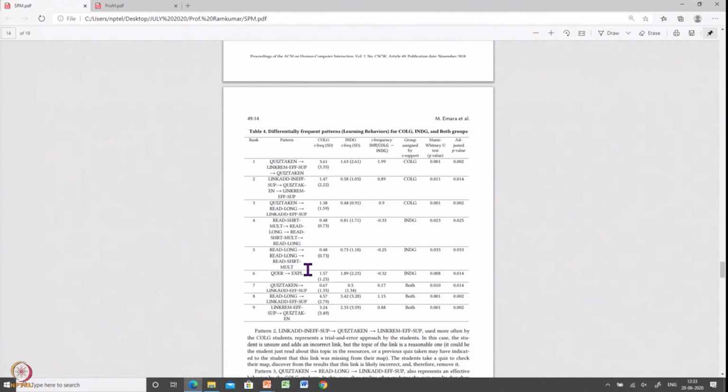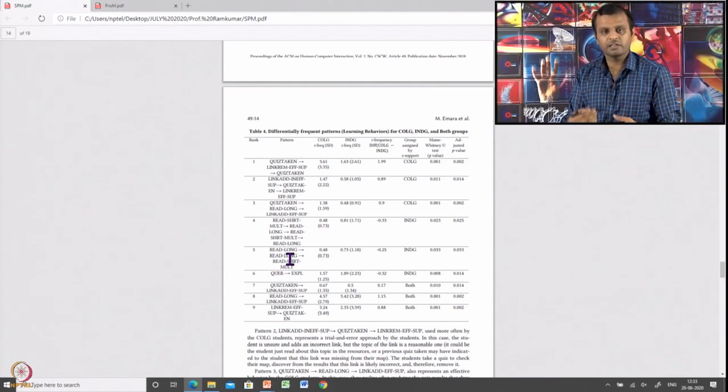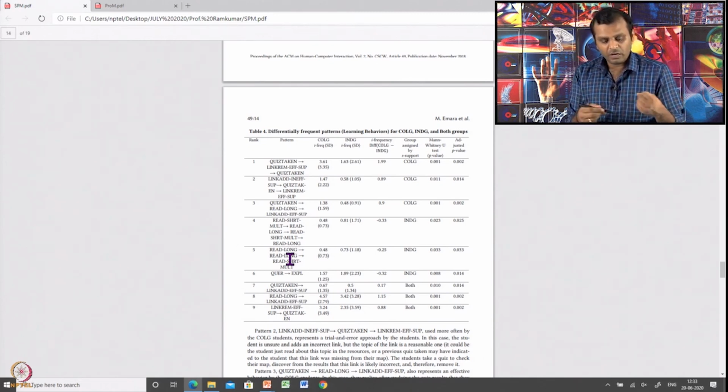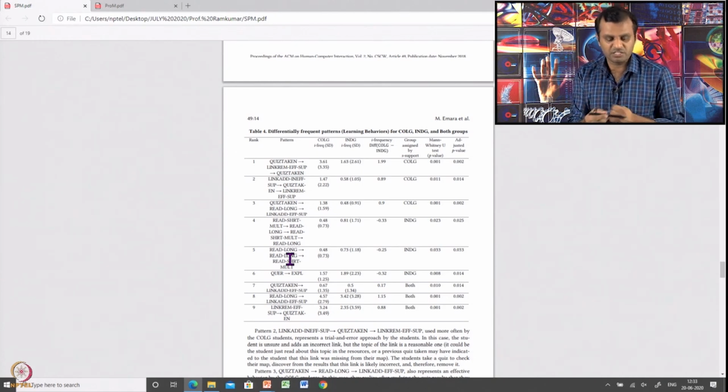Compared to this, individual group students simply read, which never occurred in the collaborative group, or occurred in very low frequency. Individual students who do not have someone to talk to are simply reading and trying to understand the meaning on their own. Whereas collaborative group students do not need to read much because they can work together. 2 or more students are working in a collaborative group, so they are talking and understanding, and they are able to solve the sums easily.